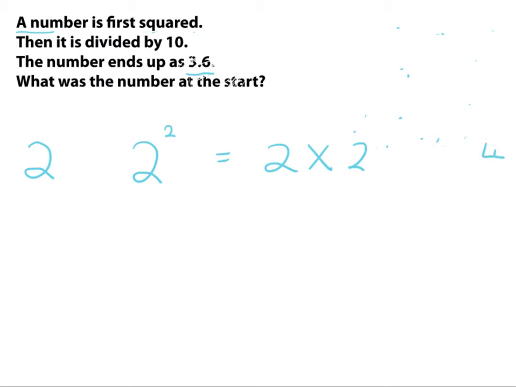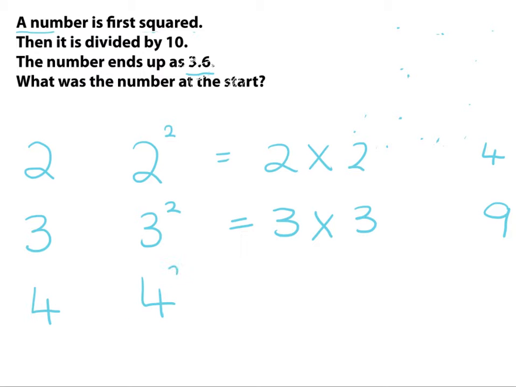And it's 4, by the way, but we're looking at what it means to square a number. 3 squared, we write like this, and it's equal to 3 times 3. It's 9. 4 squared is written like this, and it's equal to 4 times 4, and it equals 16.